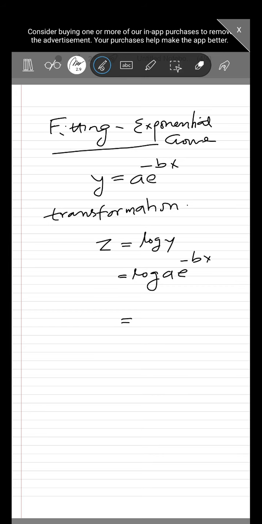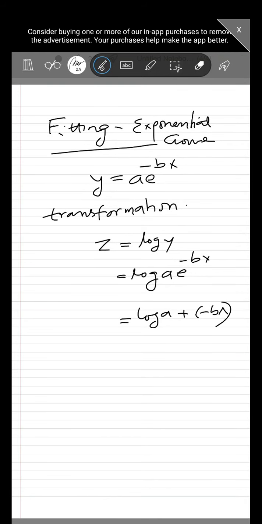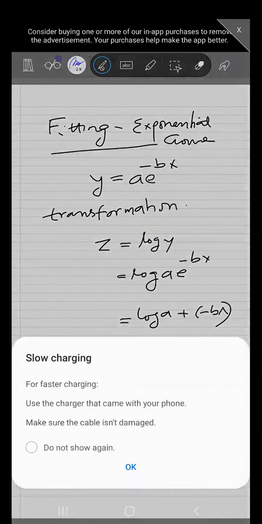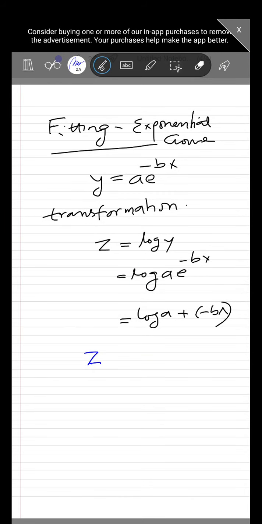So it will be equal to log a plus minus bx. And we can now write this equation as z is equal to a0 plus a1 x, where a0 is equal to log of a and a1 is equal to minus b.